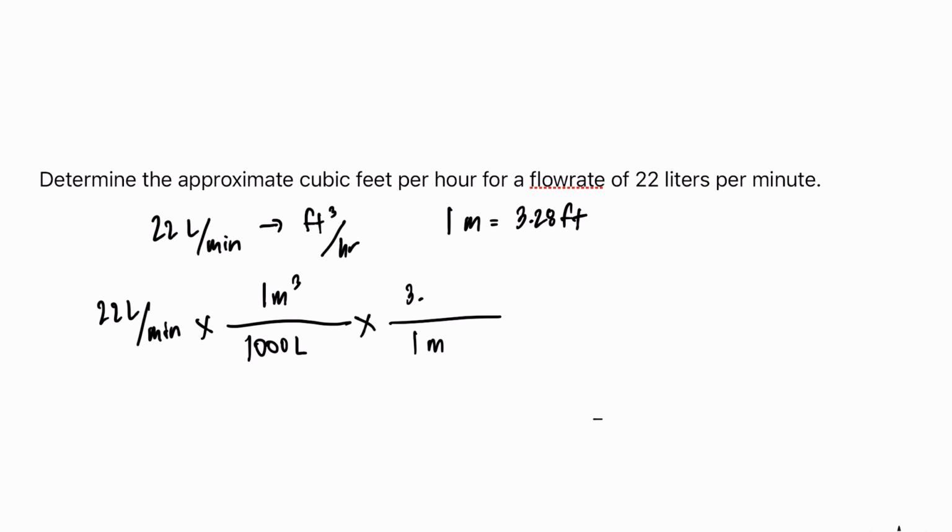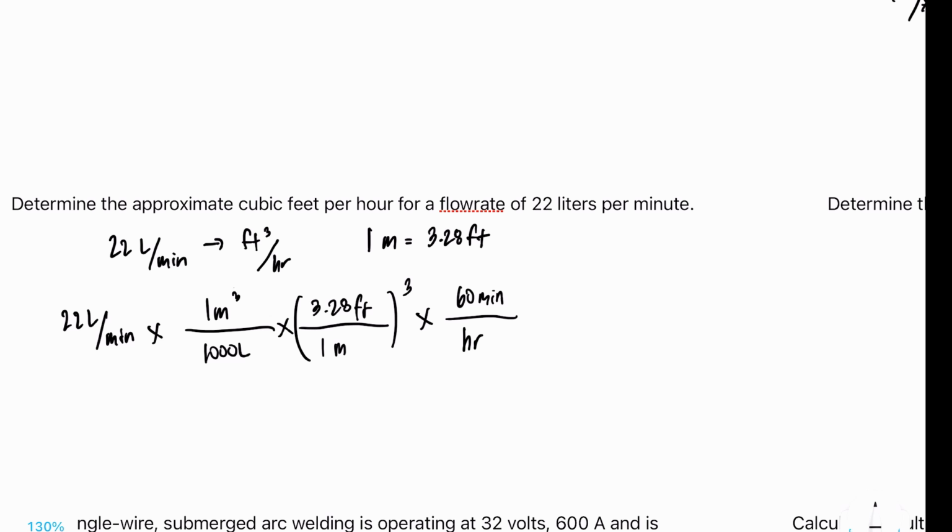So you put here 3.28 feet, but you need to raise this entire expression to 3. Operating this expression will give you the answer: 22 divided by 1,000 times 3.28 cubed times 60. That will give you the same answer as earlier, 46.58 cubic feet per hour.